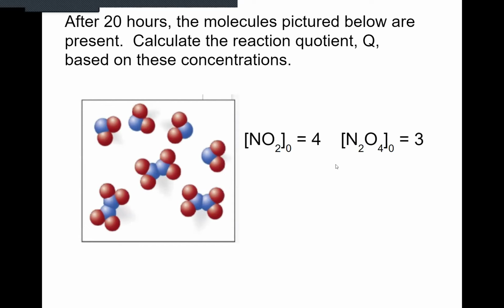That's the same as the last time. N2O4 concentration of 3, NO2 concentration is 4. If we calculate Q the same way, that would be 3 divided by 4 squared, which is 3 over 16. That's 0.19, the same thing as before.